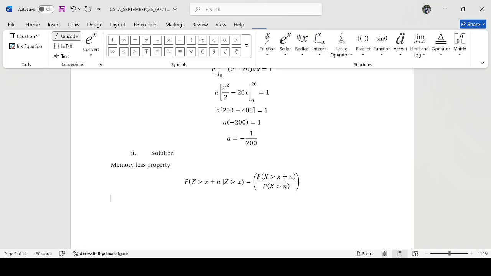So in simple terms, what we are trying to say is that if we split the probabilities, whereby X is greater than x plus n, this is the probability of x plus n, then the probability of X greater than n, and then we divide it by the probability of X being greater than small n.